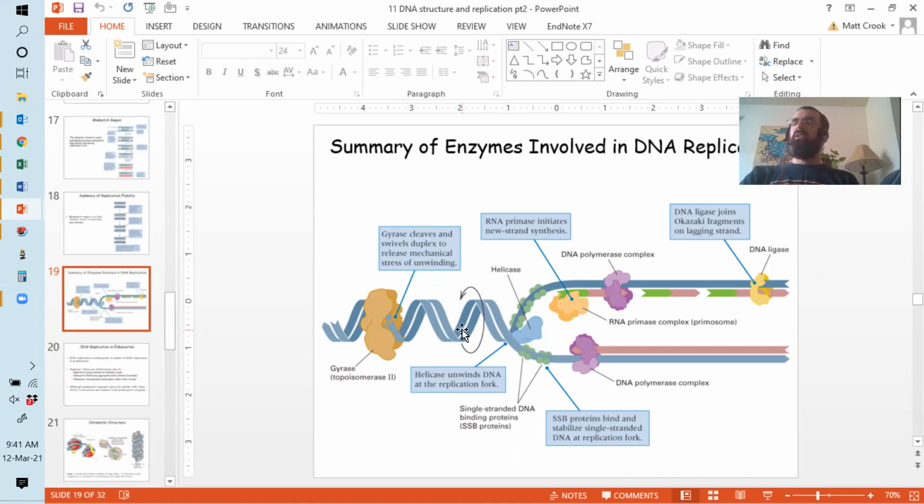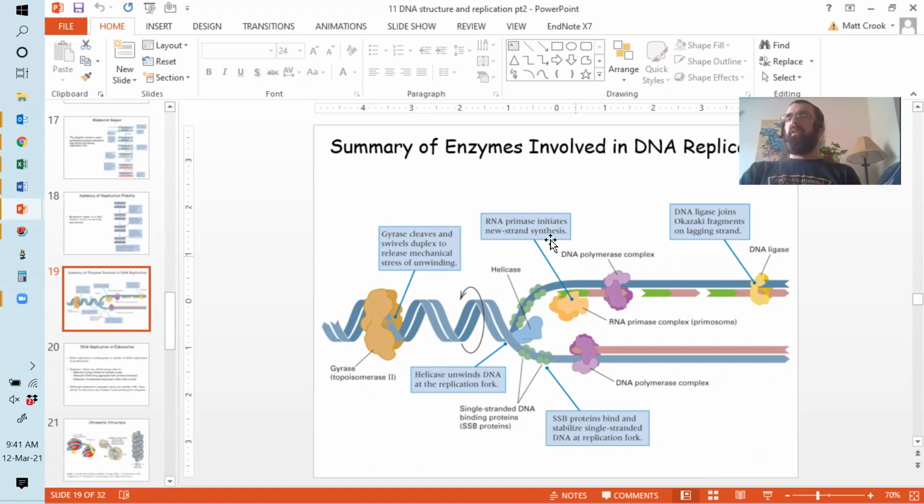We force it further open with DNA helicase, which induces an opposite coiling problem ahead of the replication fork, right? DNA gyrase runs just ahead of the helicase, and its job is to relieve those supercoils, right? That stress of the unwinding that helicase produces.